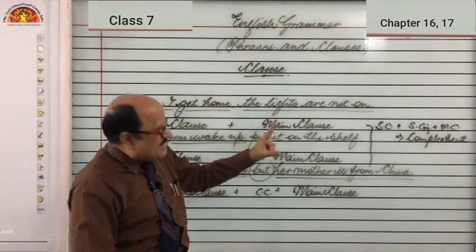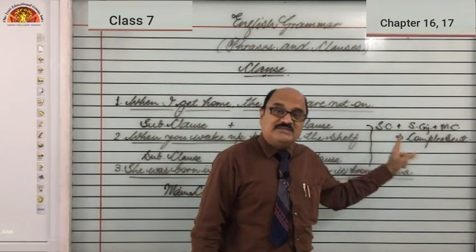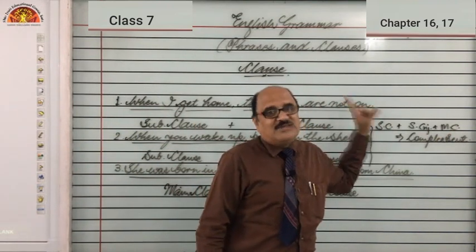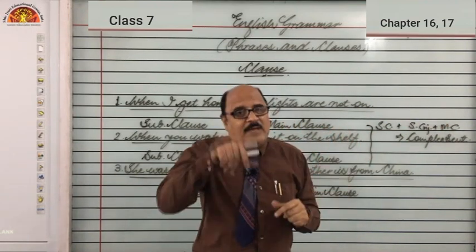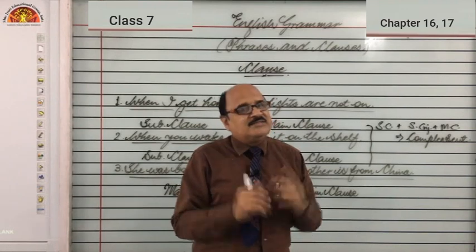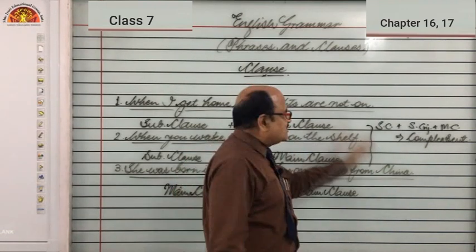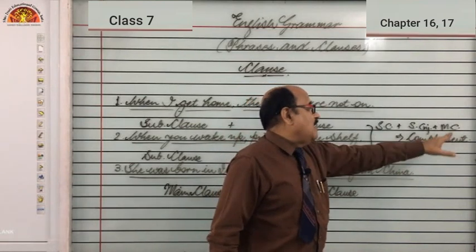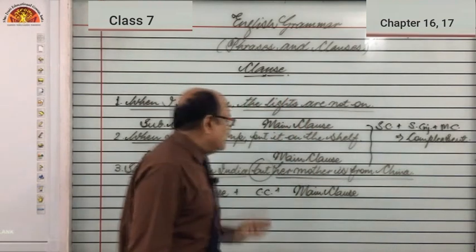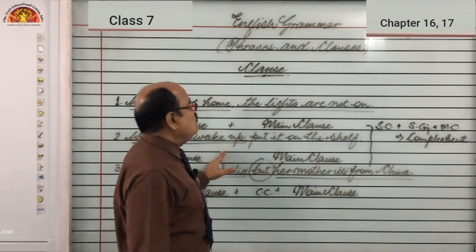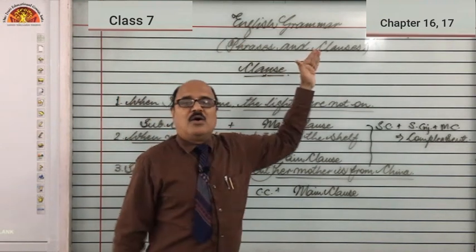But in the complex sentence, one is subordinate clause and one is main clause, means one is dependent clause, one is independent clause, and the conjunction between them is a subordinating conjunction. So we can say such kind of sentence will be known as a complex sentence. Have you got it? So these were very simple examples to make the difference between phrase and a clause.